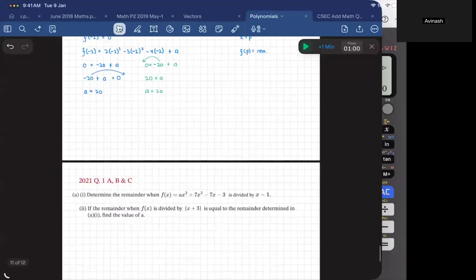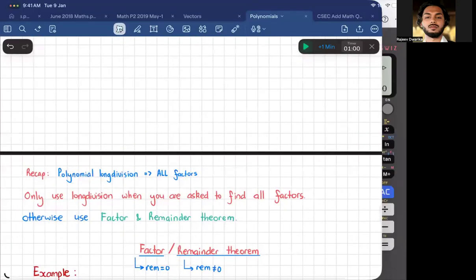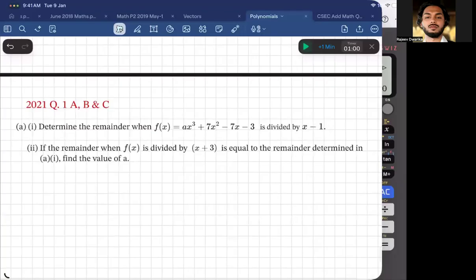No. Let's look back at when we use it. We only use it when we find all factors. Does this question mention anything about factors? Nah.